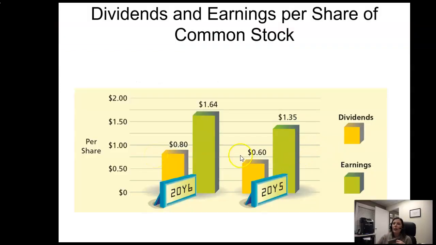So if we look at these two, we had basic earnings per share of $1.35 and $1.64 for each of these years respectively. We paid out dividends per share of 60 cents and 80 cents each, meaning that the rest of this, what is represented above the dividends, is what the company kept for itself in earnings to use in continuing to invest in maybe expansion or further operations or whatever the case.